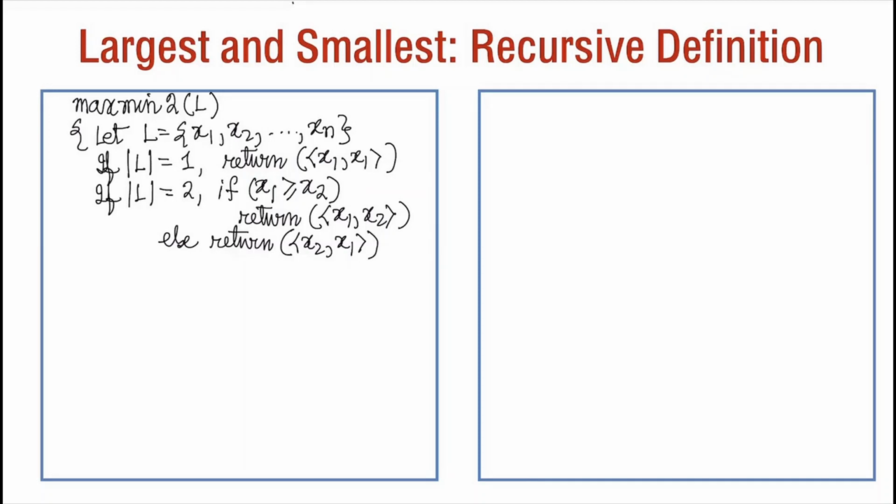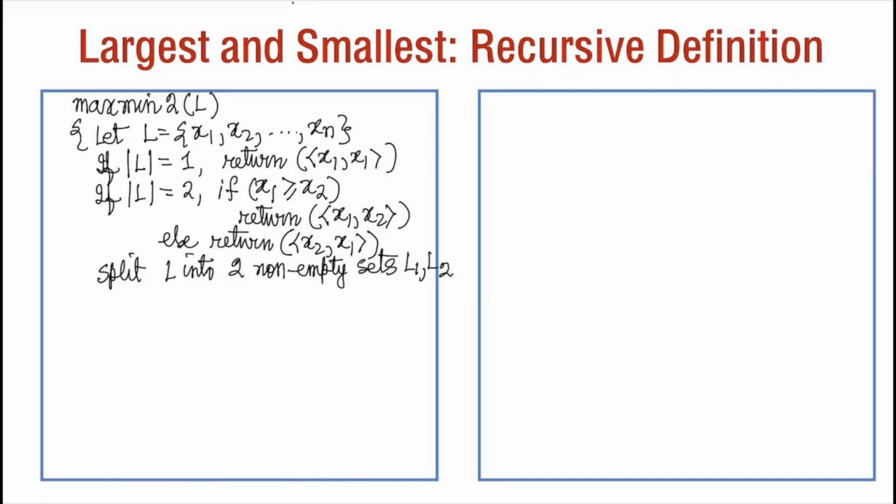Now we do our recursive condition. Split, same approach we used in the largest, L into two non-empty sets, L1, L2.